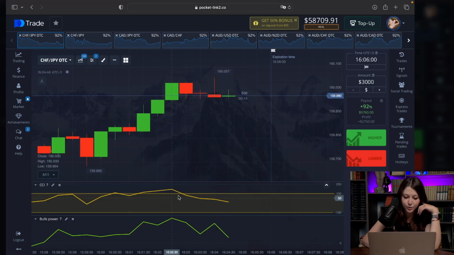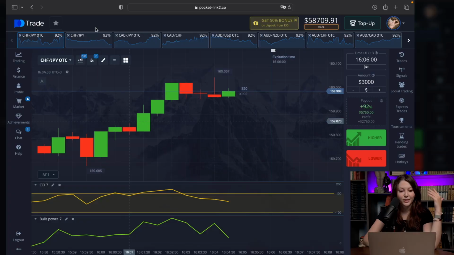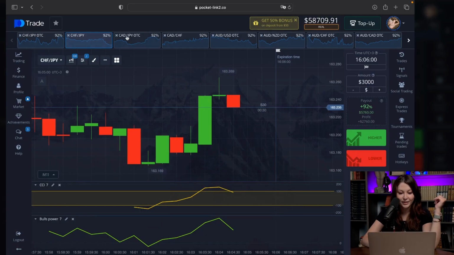They're very easy to understand and very easy to analyze. So when you see that the price is going higher, for example, you understand it's probably gonna lose some in the prices, and you will have this moment on the SSY and on the Bulls Power. And if everything collapses in one moment and you understand the price is gonna go down, you should make a trade. Let's try some more and see.